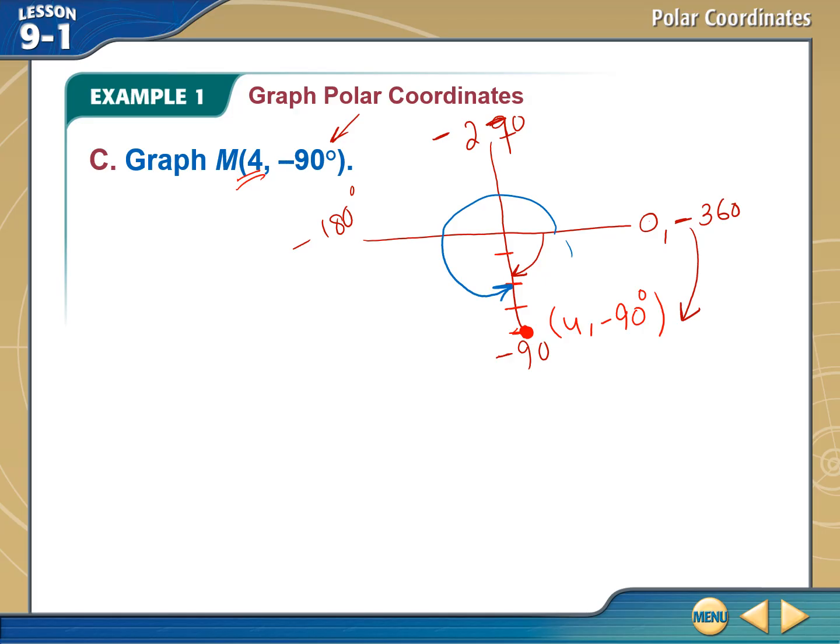From the angle, you are either adding 360 or subtracting 360. So 90 minus 360 degrees, you will come back to the 270 degrees.